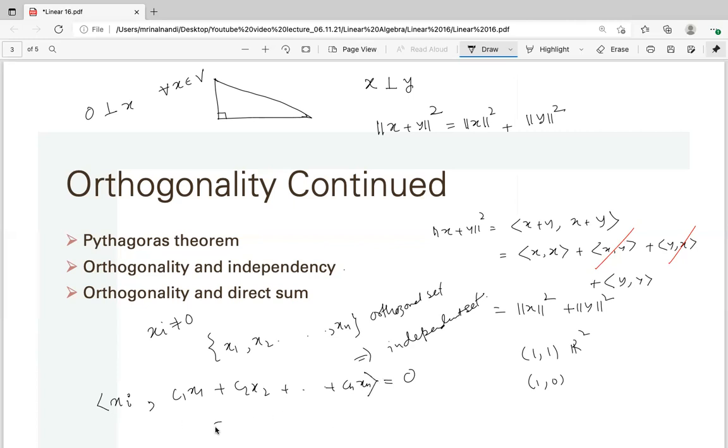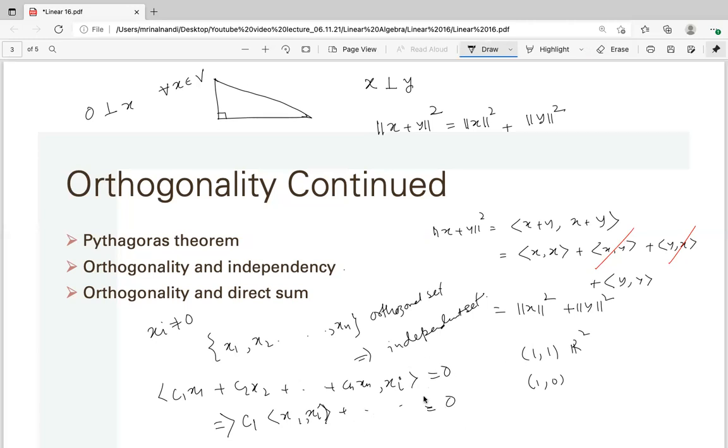By the distributive property, we take the inner product with xi from the right side; otherwise you have to take the conjugate part. So this implies C1 (x1, xi) and so on. Now everyone is killed except the one term, xi, because all are orthogonal to each other: xi is orthogonal to the xj's where j is not equal to i.